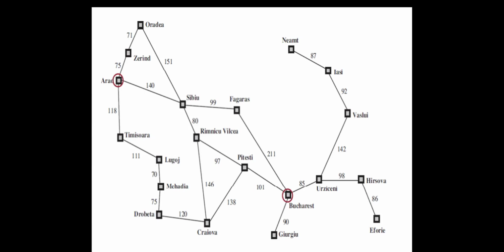The state space, we are going to show all the towns or all the states that can be reached from some initial state. So let's say the initial state is here, which is Arad. All the towns that can be reached from Arad by taking some steps will be part of our state space.